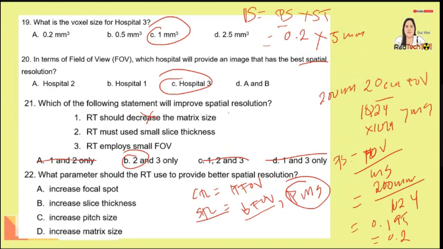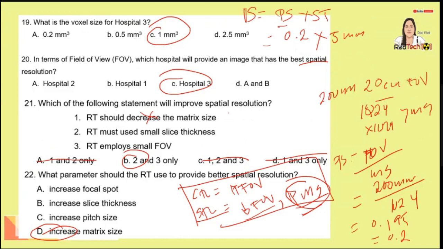22, what parameter should the RadTech use to provide better spatial resolution? So again, increase matrix size. Okay? You just need to remember this. For contrast resolution, increase FOV. For spatial resolution, decrease the FOV and increase the matrix size.